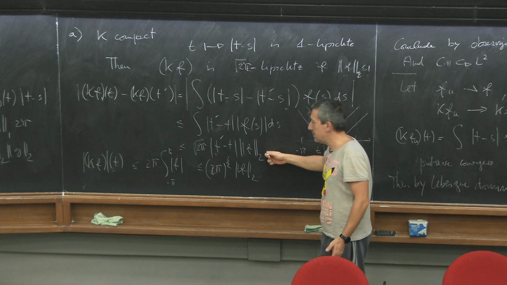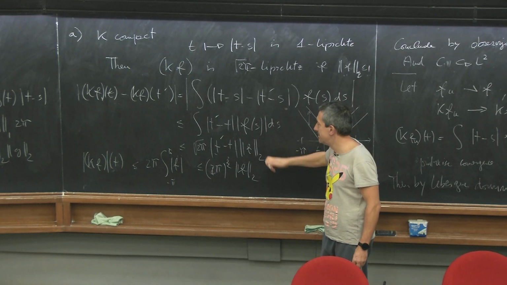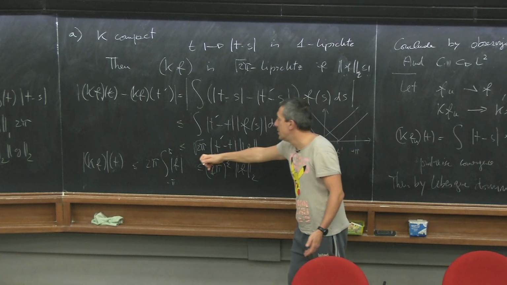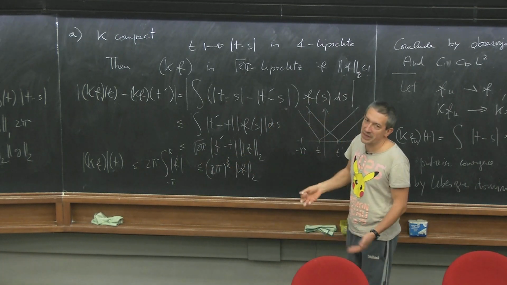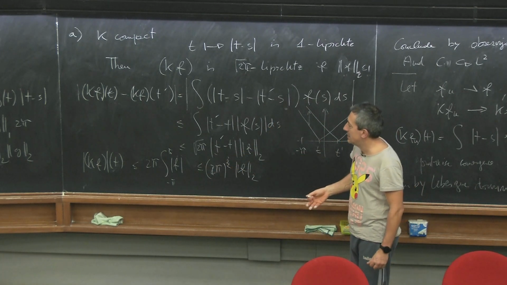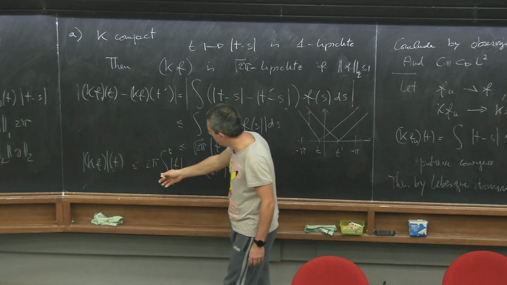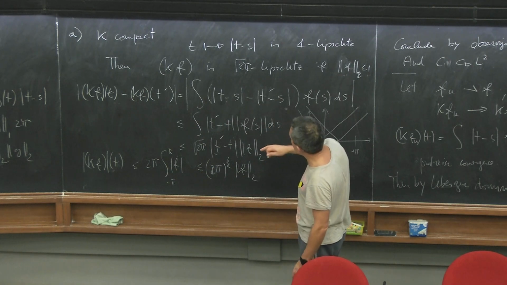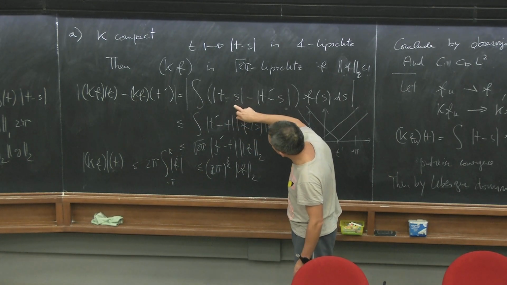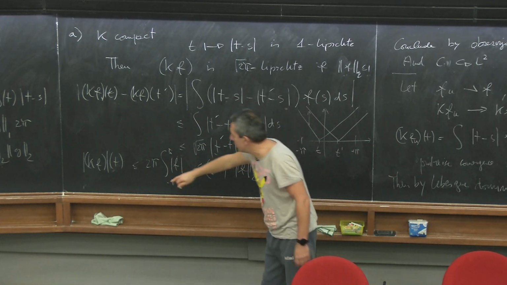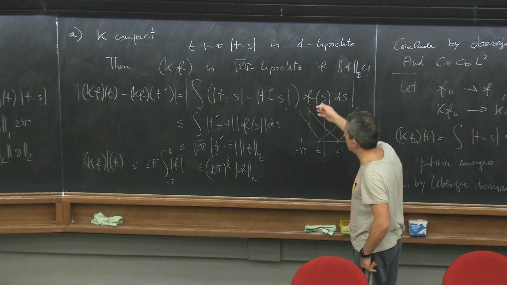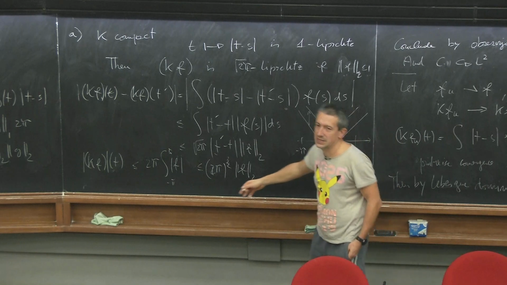And then you estimate by Holder. So this goes out, it doesn't depend on s, and this is always square root of 2 pi, the norm of F2, by Holder. And the same Holder inequality works for the L infinity norm, because the maximum of this difference is 2 pi, so you bring out 2 pi and then you compute it. Or even better, you can just apply Holder directly to the function and you get a better estimate, it doesn't matter.